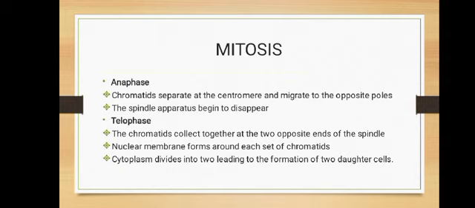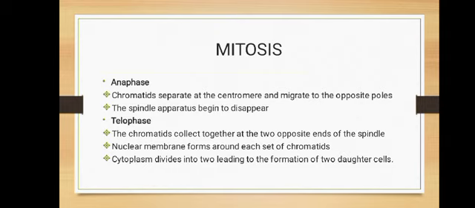And now in the fifth stage, telophase, the chromatids collect together at the opposite ends of the spindle, and then the nuclear membrane forms around each set of chromatids, and the cytoplasm divides into two, leading to the formation of two daughter cells. Remember we defined mitosis as the formation of two daughter cells.